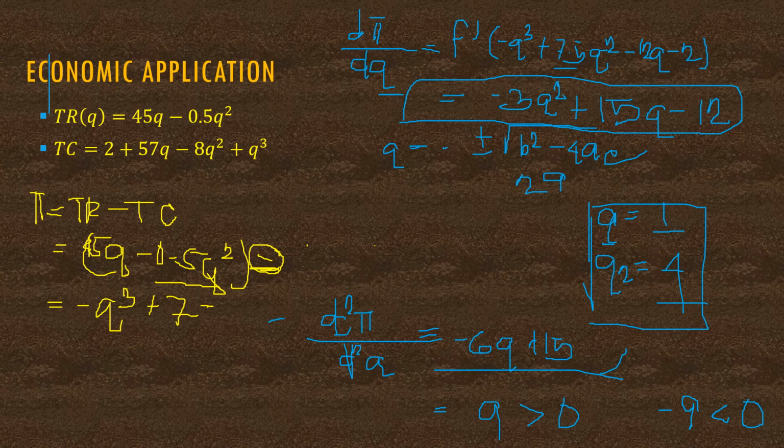So at quantity 4, we have the maximum output, and at quantity 1, we have the minimum output. How about the minimum cost and the maximum cost?